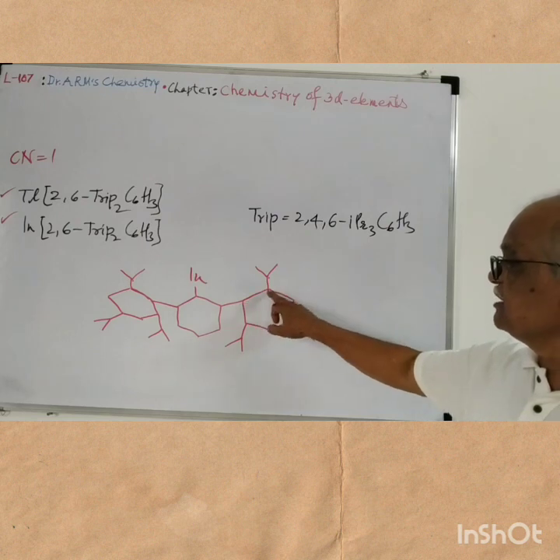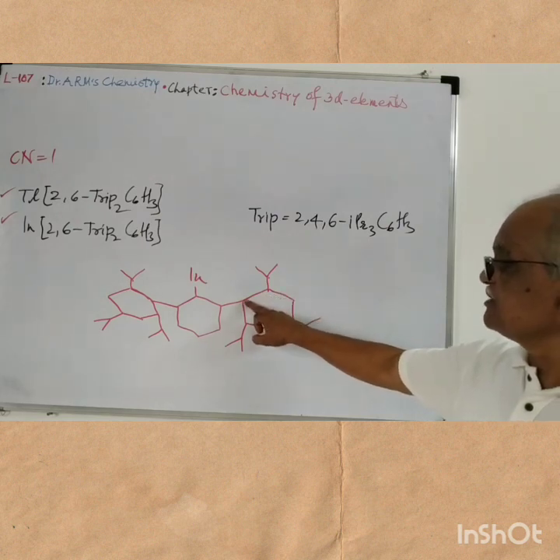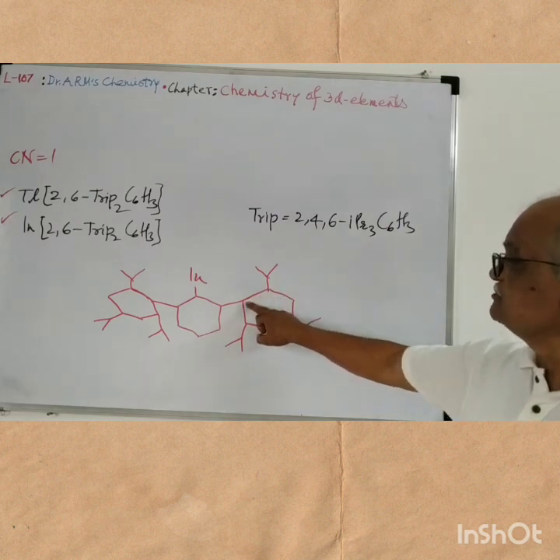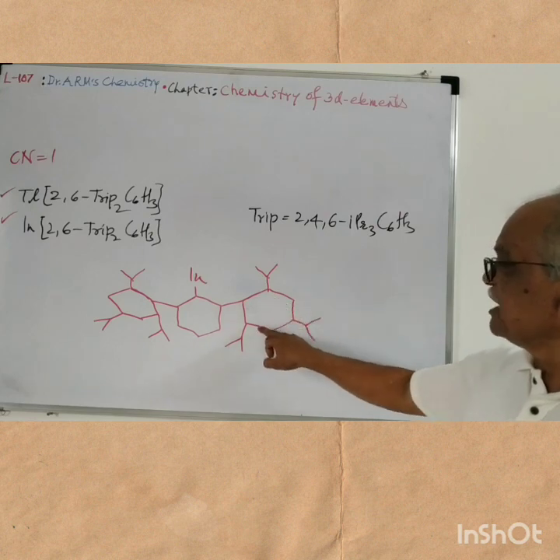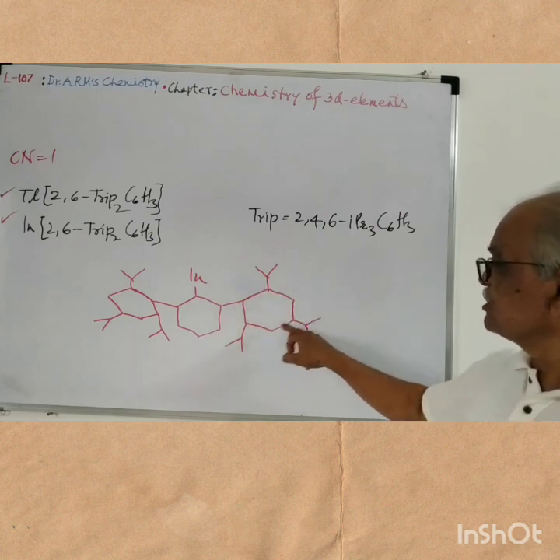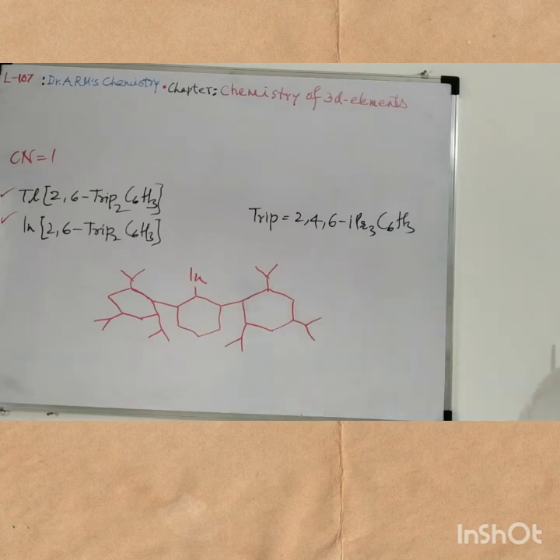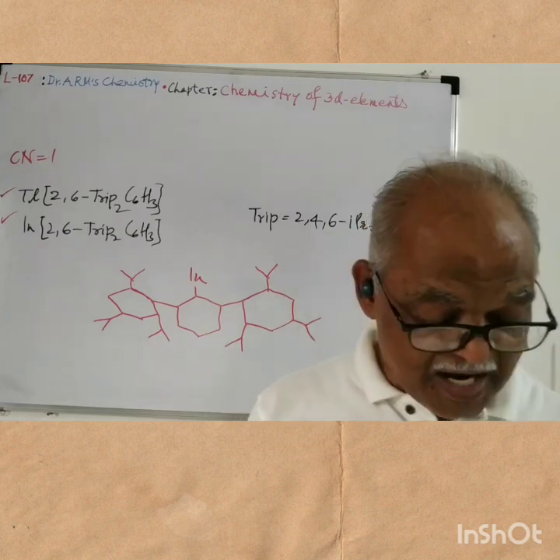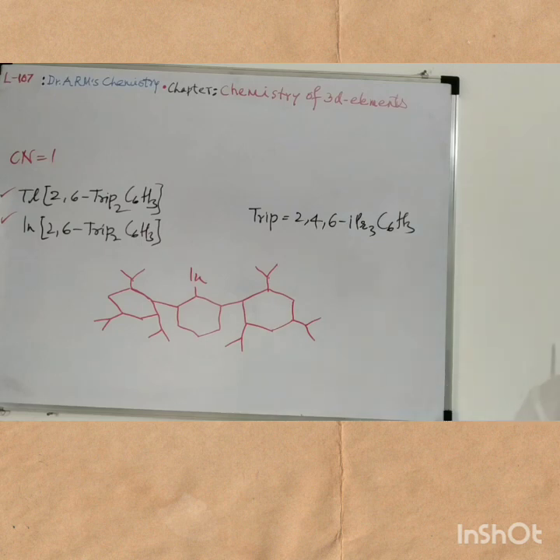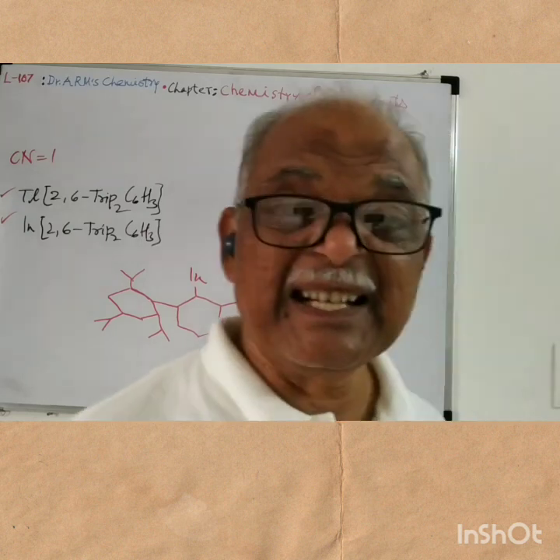For example, if we start from here 1, 2, 3, 4, 5, 6, 2, 4, 6, triisopropyl.